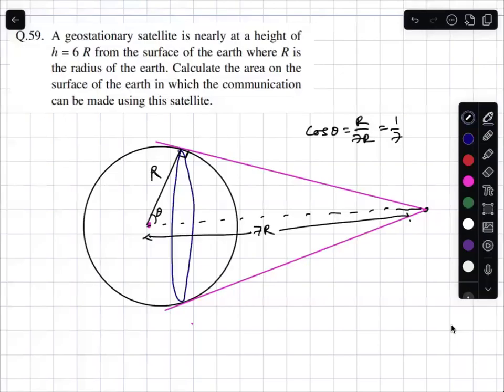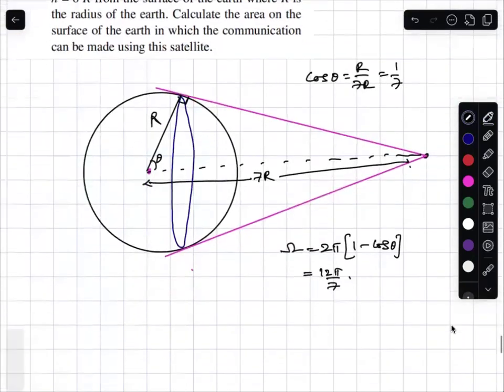For the entire portion which I have shown here, this area will subtend a solid angle at this point O. We know already in electrostatics we have an expression for solid angle: 2 pi times (1 minus cos theta). And this will become 12 pi by 7.